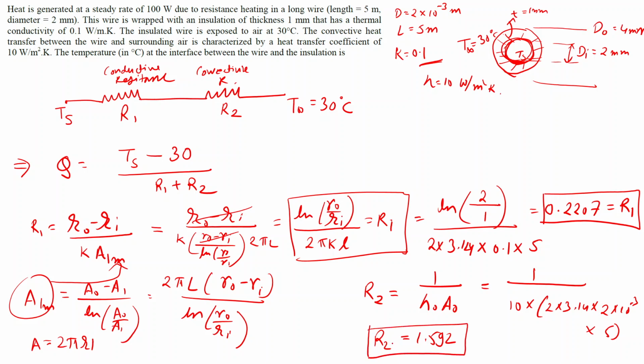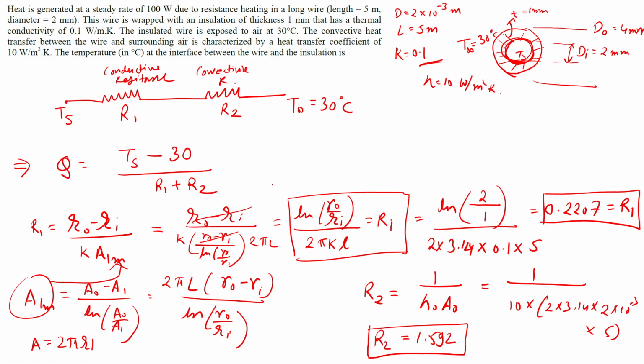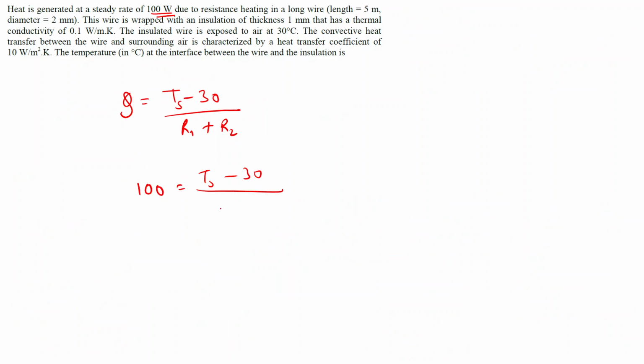So we have this resistance R1 and R2, and now we will be putting into this heat balance equation, that is Q is equal to temperature at surface minus 30 upon R1 plus R2, and Q we have been given as 100 watt. So 100 is equal to Ts minus 30 upon R1 we had 0.2207 plus R2 we have 1.592.